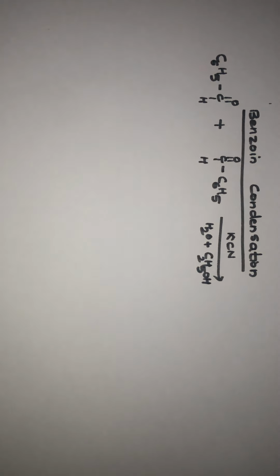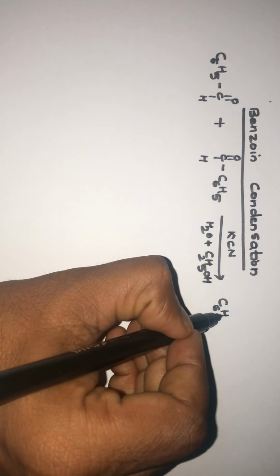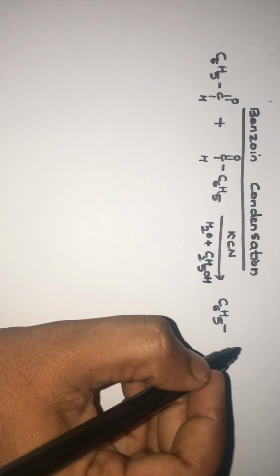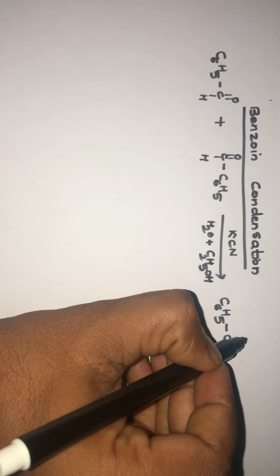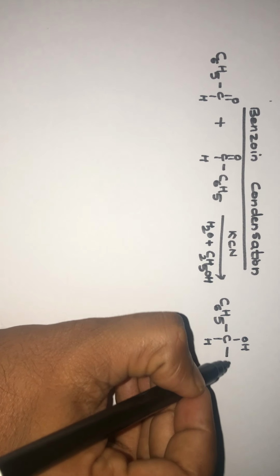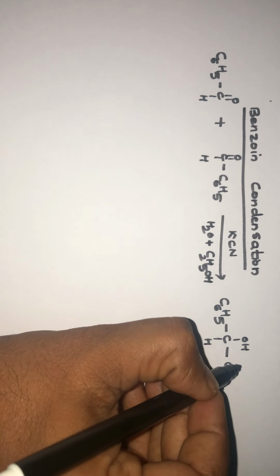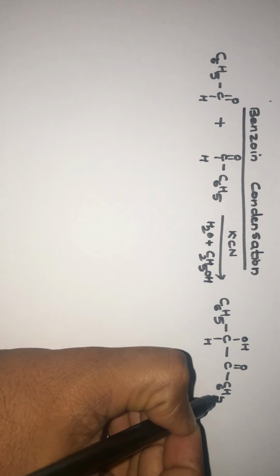Now, they undergo self condensation. Self condensation takes place, giving C6H5 C OH, C double bond O, C6H5.